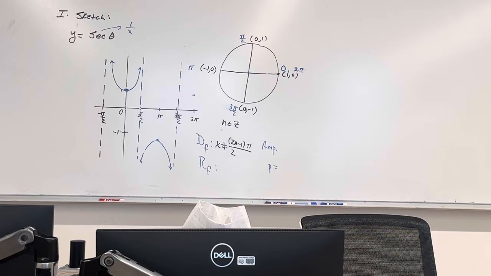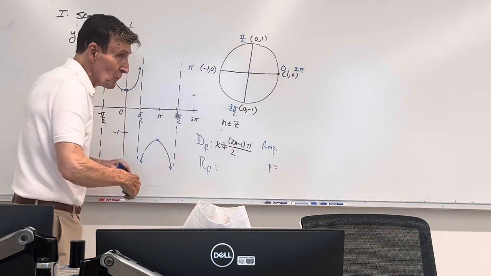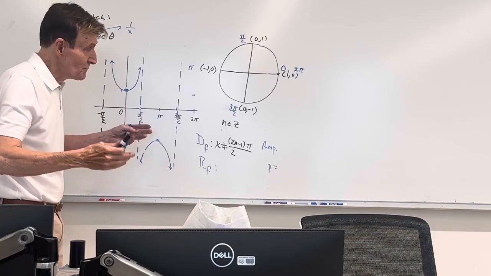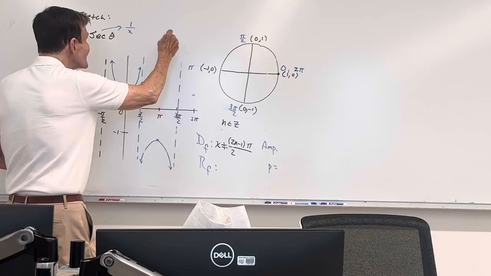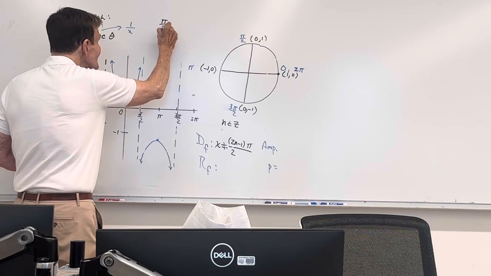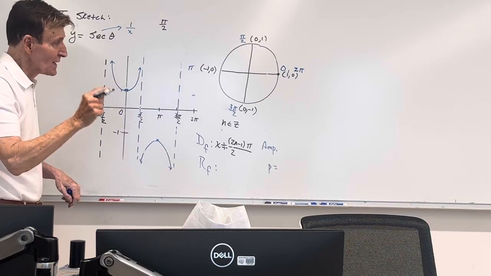Here's one way you could do it. You guarantee it's going to work for you. If you don't see that formula directly, like that 2n minus 1 pi over 2, which I love, take a look at one of the asymptotes. I'm going to take a look at the first one. The first one showed up at what? Pi over 2. How much distance is there from it to the next one?